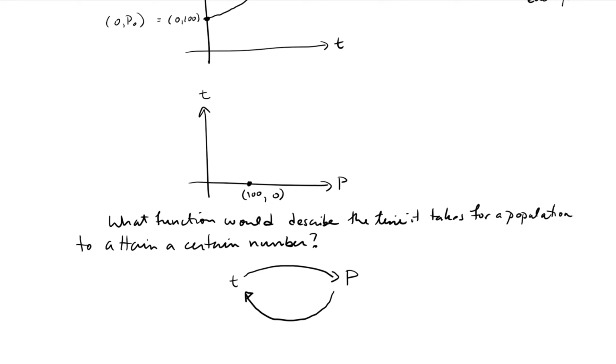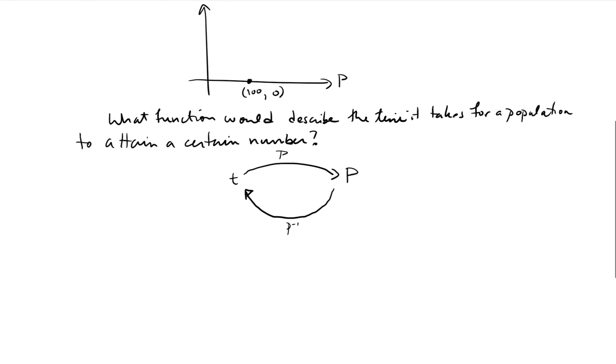Okay, so in some way, what I want to do, like this is function p that outputs population. What I want is the inverse function of that population function. Okay, so we need to find the inverse of p above. And this is where logarithms come into play, because you'll recall that logarithms are the inverse of exponential.